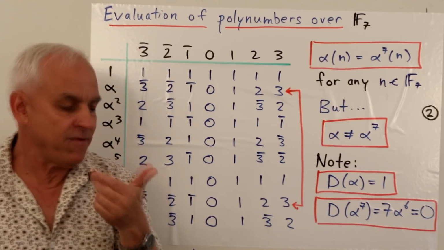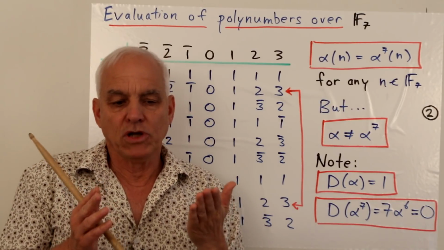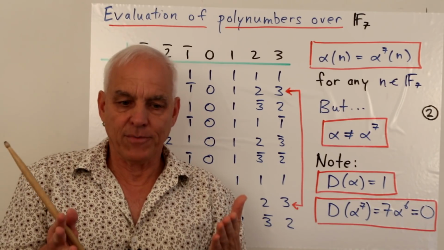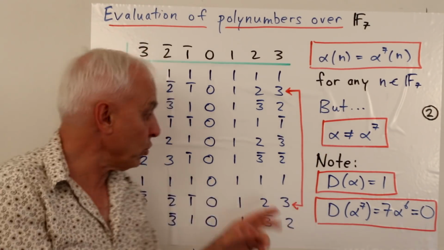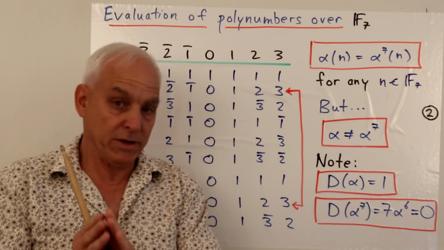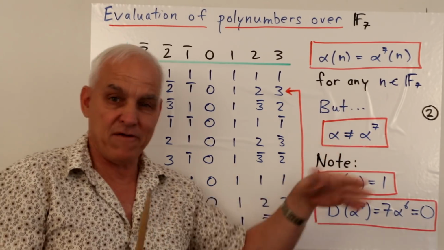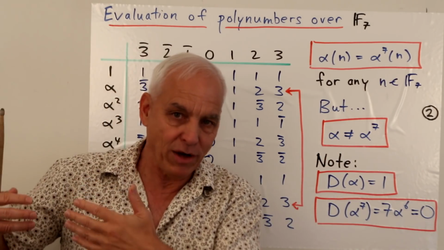So here is this very important thing to think about and get your head around: when we're doing calculus, we have a choice of whether we should be working with the function values, like looking at the actual values of the function, like the graph, or whether we should be looking at just the algebraic form of the corresponding polynumber.